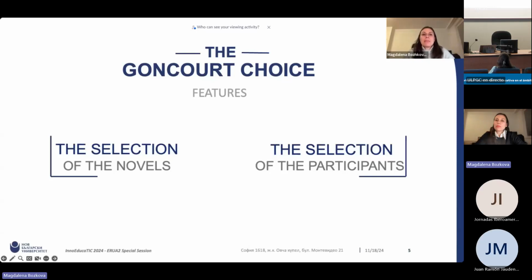So, the selection of participants: these are students learning French from secondary and higher education institutions. Each team is formed by a teacher in charge, and the participants are usually between 4 and 8.